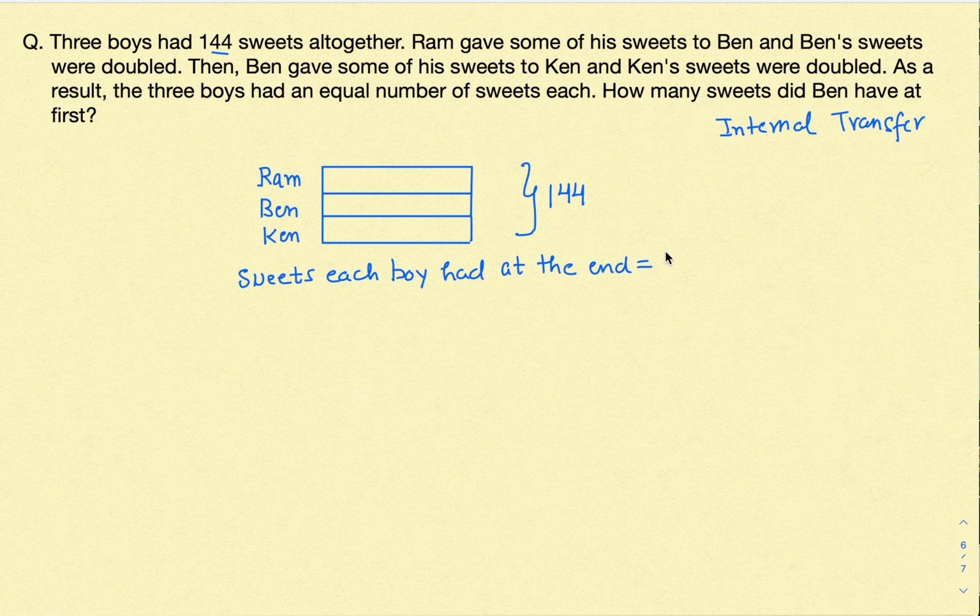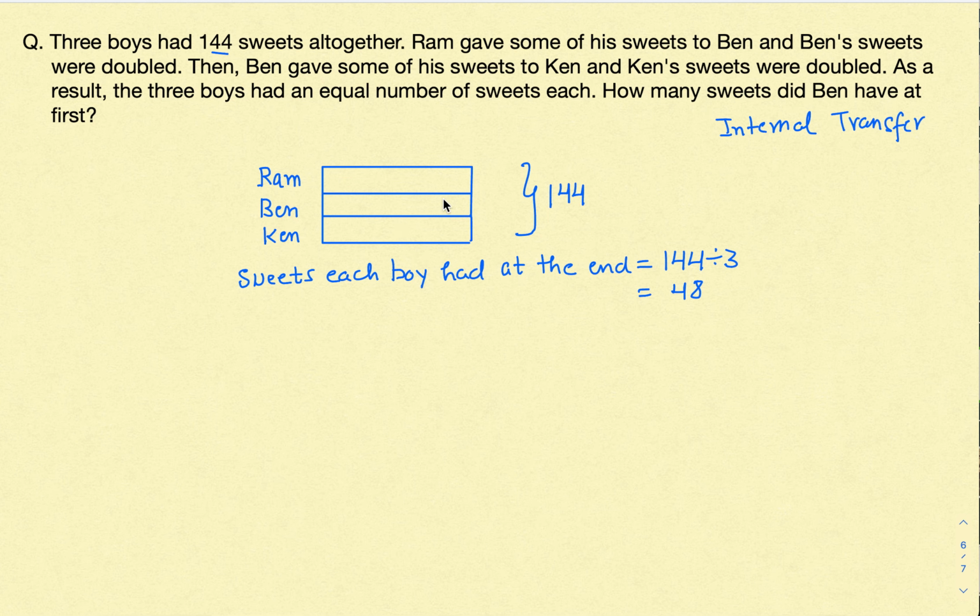It will be 144 divided by 3, because each of them is having an equal number of sweets, and that will give me 48.